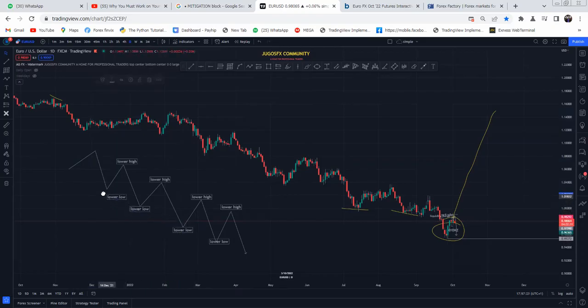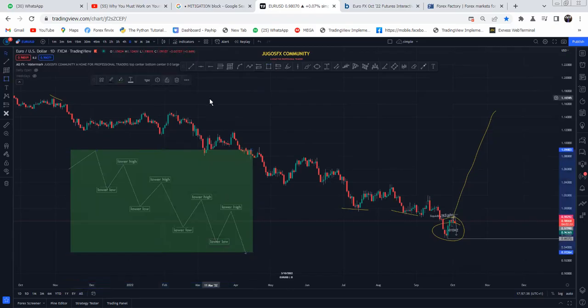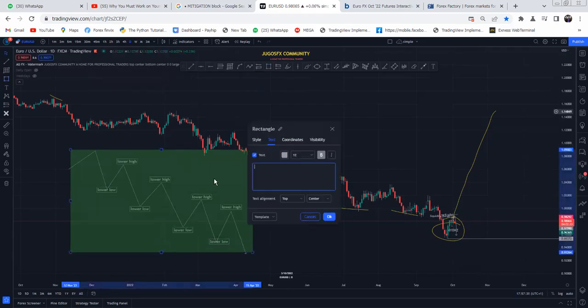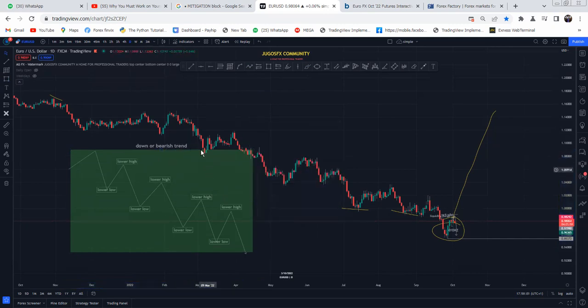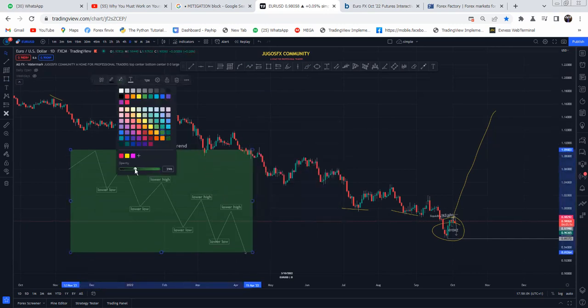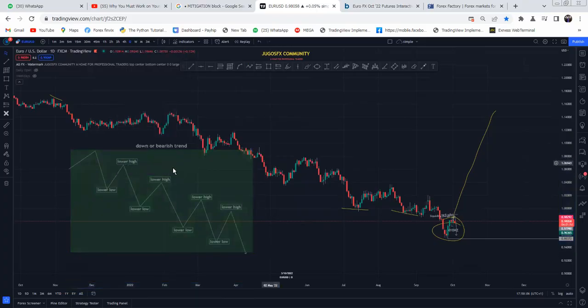This is lower than this and this, so it's a lower low. So this is a case of a downtrend. All this here is called a downtrend, a down or bearish trend, right?